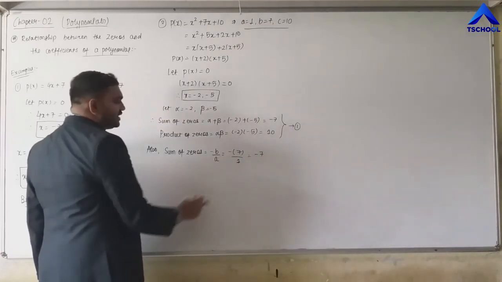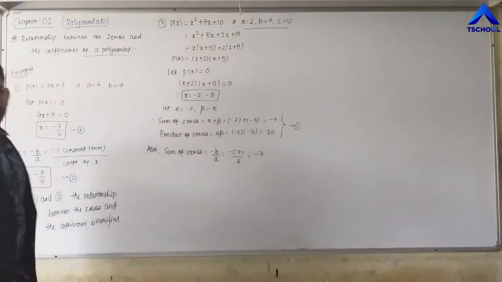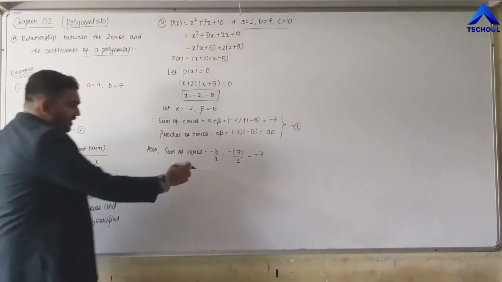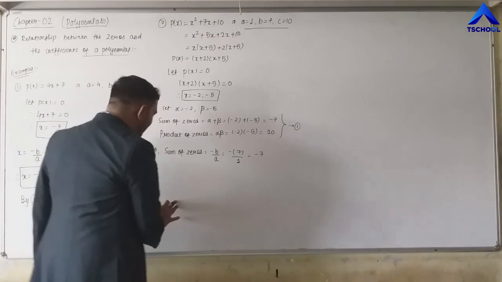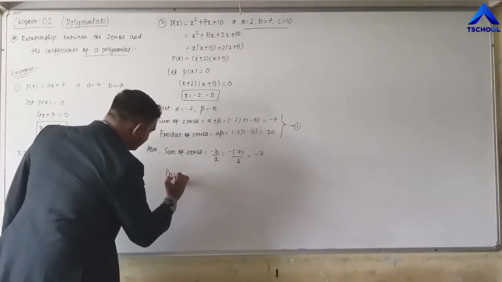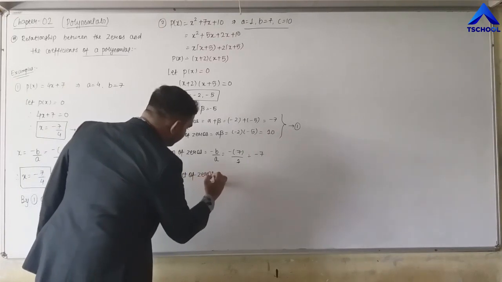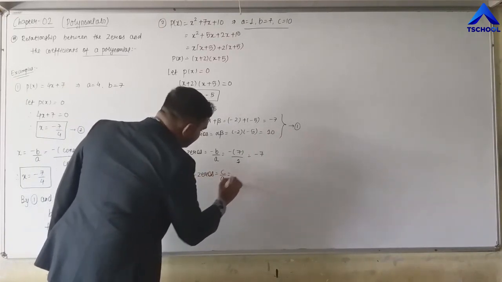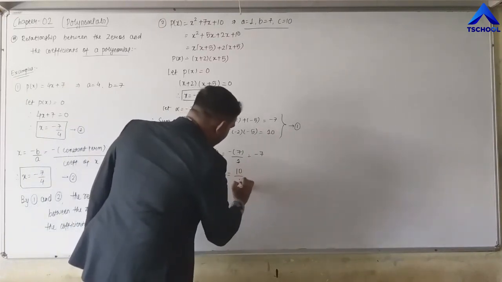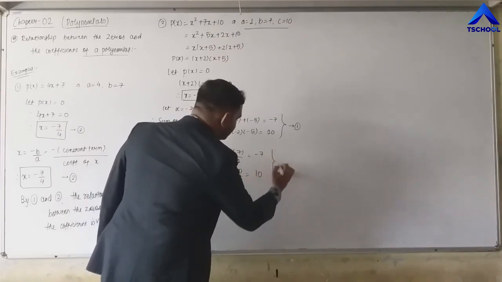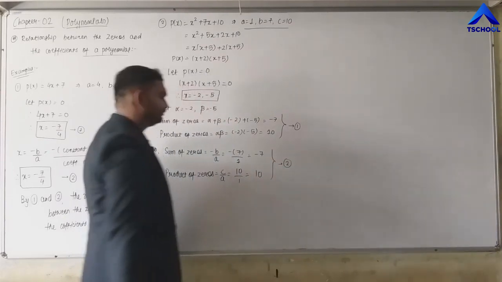See, these values 7 and 1, I have replaced from A, B and C. Right? So that is minus 7 upon 1 and that is minus 7, and the product of the zeros is equal to c by a, that is 10 by 1, which equals 10.